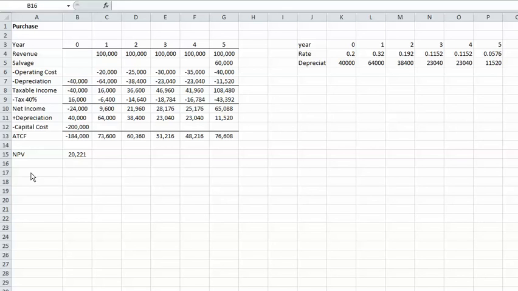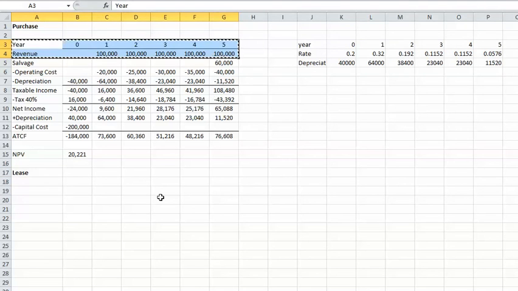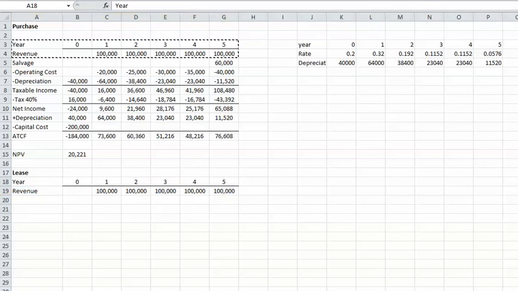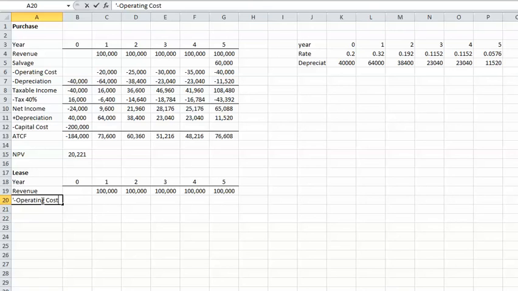So for leasing the asset, I will just write the table here. Lease the asset. The revenue is going to be the same, so I copy it from up here. We are going to have the operating cost, which is going to be similar, so these are equal to these numbers.